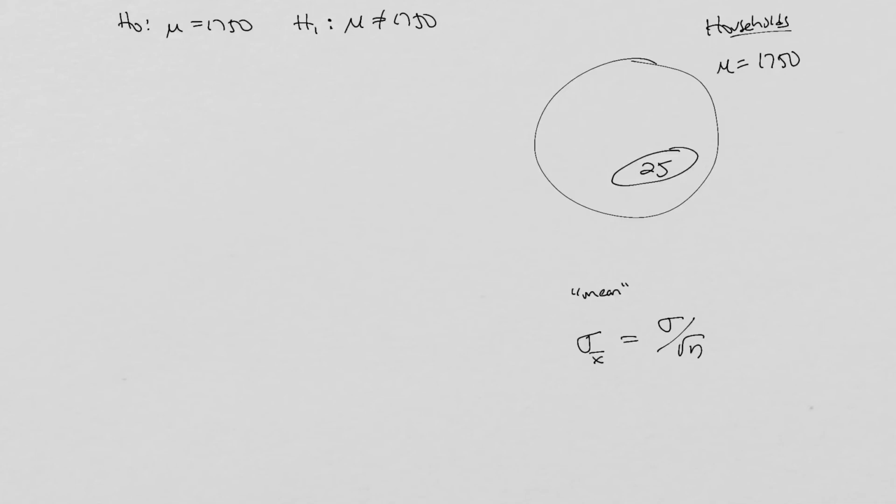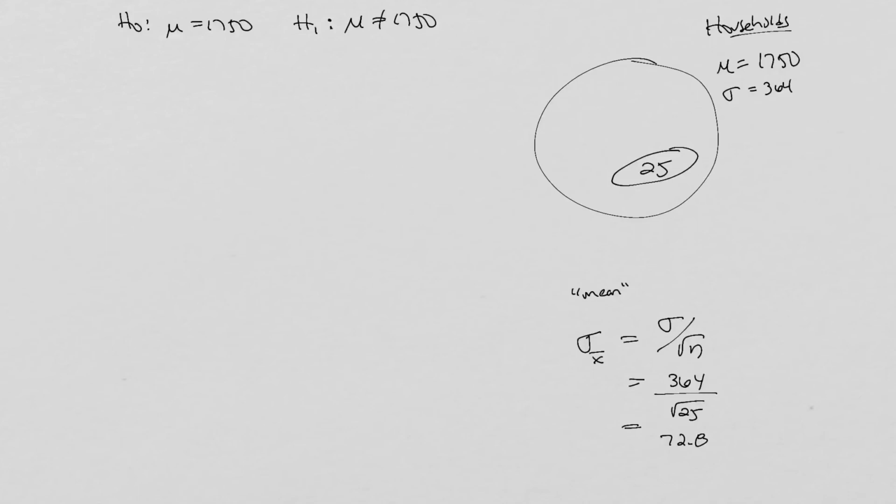If you read through the problem, we're given a little help: the mean is 1750 and the standard deviation is 364. So the standard deviation for the samples is the population's over the square root of my sample size. In this case, I'm dividing by 5, so I get 72.8.